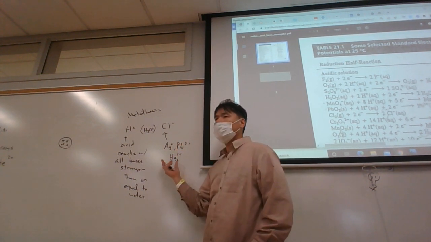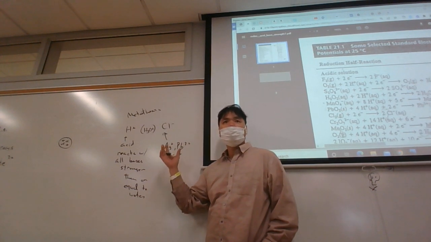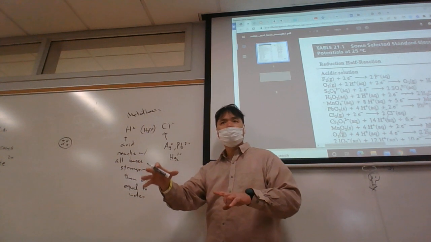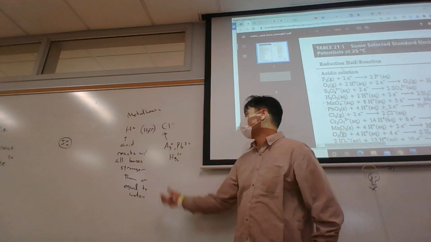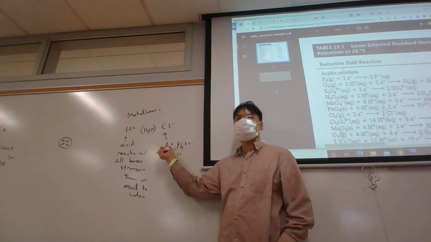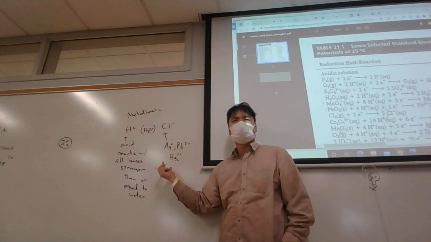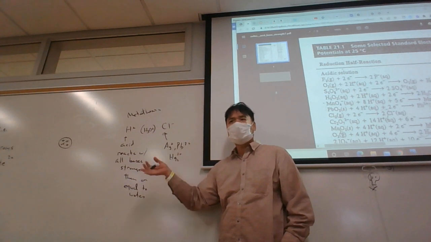All the other cations don't react. They won't precipitate. They'll just stay away from each other, go their own way. And so as far as metathesis properties go, chloride just reacts with 3 cations: silver, lead, and mercury. All the other cations, no.